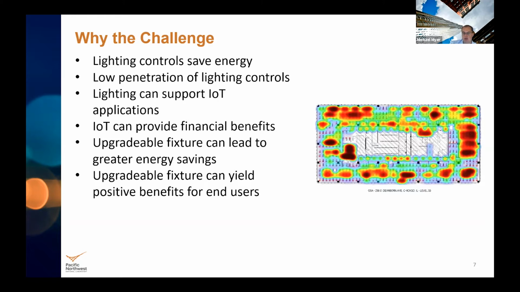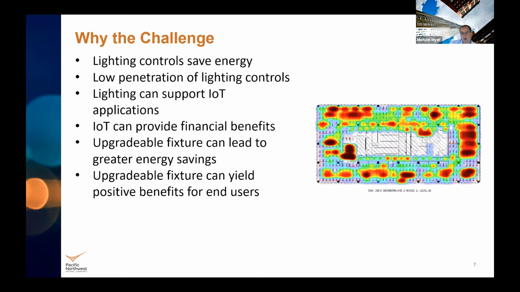The advantage of using lighting for IoT is for many reasons. One, light fixtures are everywhere. They're one of the most common building elements. Two, light fixtures have a power supply, whereas your mechanical grill or your doorknob, which are both ubiquitous, don't have power.